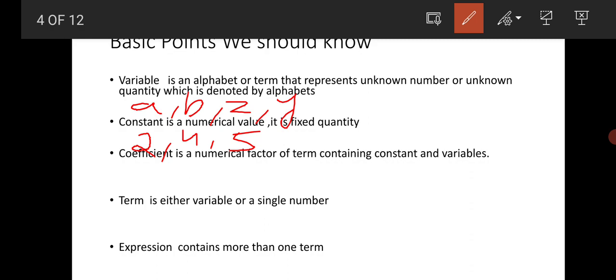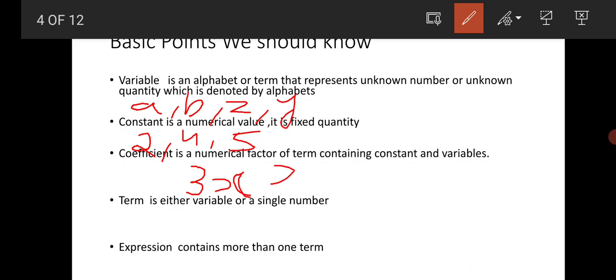Okay friends? The third point: coefficient is a numerical factor of the term containing constant and variables. For example, here 3x is a term, and the coefficient of x is 3. What is the coefficient of x?